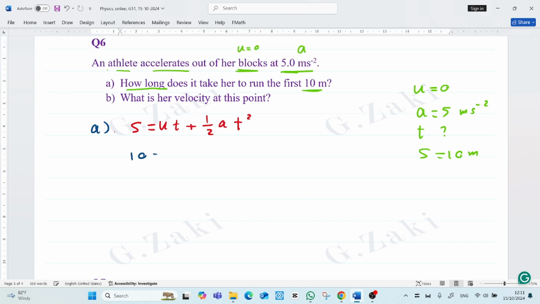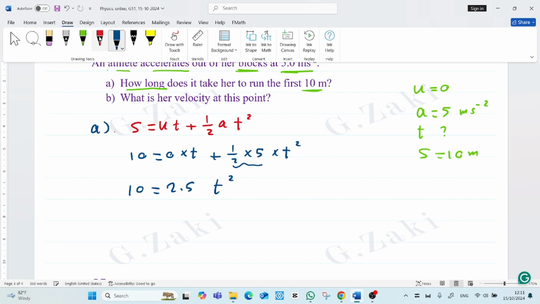S equals 10, U equals 0, multiply T plus half, multiply A 5, multiply T squared. Simplify. 0 times T, it is 0. Half multiply 5, 2.5, then 2.5 T squared.